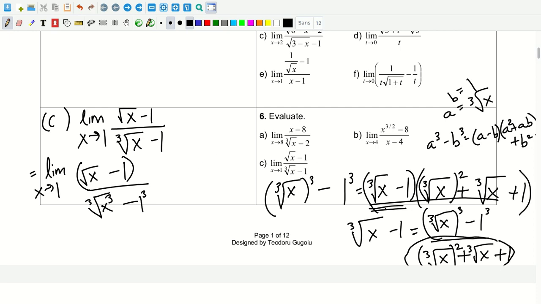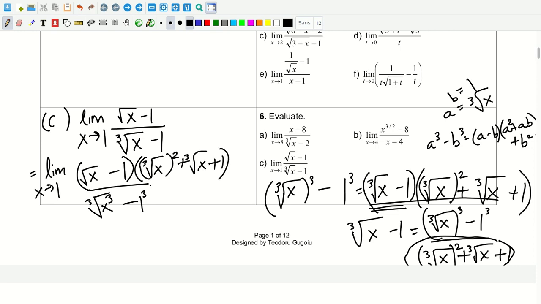Now notice, even though this was on the bottom, it appears in the top here because I've got this term that I substituted for in the bottom. So I got to reciprocate. That's why this now appears on the top. So, cubed root of x squared plus cubed root of x plus 1.